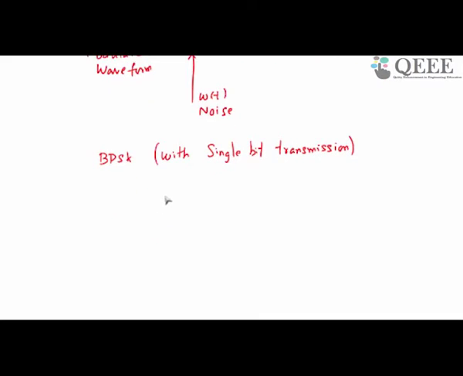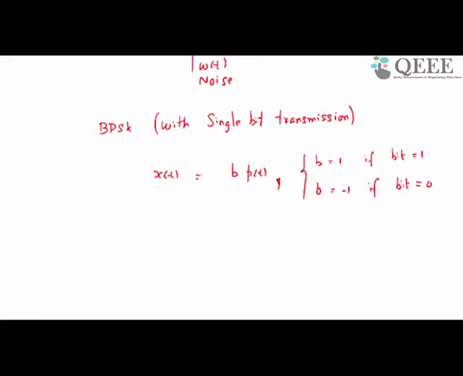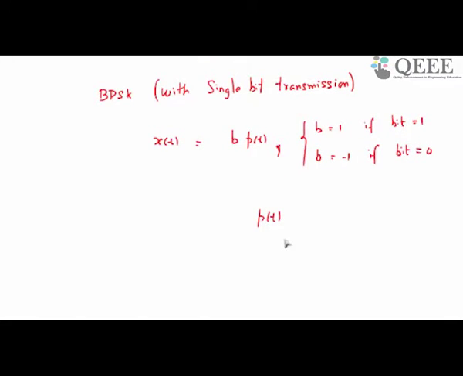So for the moment, the modulated waveform x of t, I can write as b times p of t, where b equals 1 if the bit equals 1, and b equals minus 1 if the bit equals 0. For simplicity I am also going to assume p of t is a nice rectangular pulse from minus 1 by 2 to 1 by 2 with height 1.